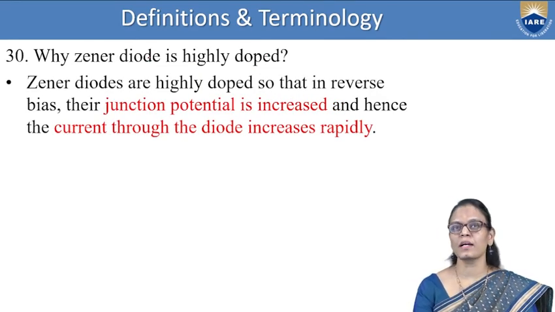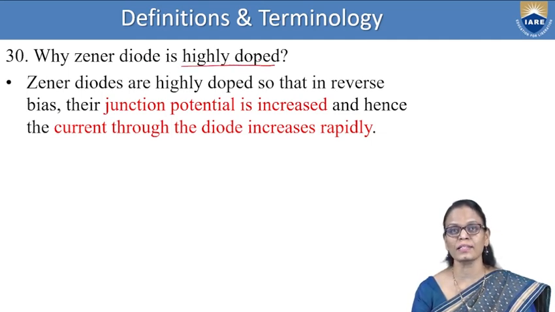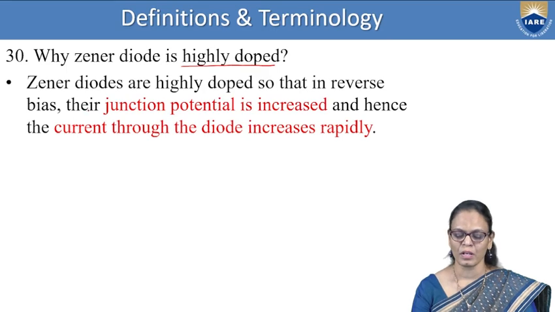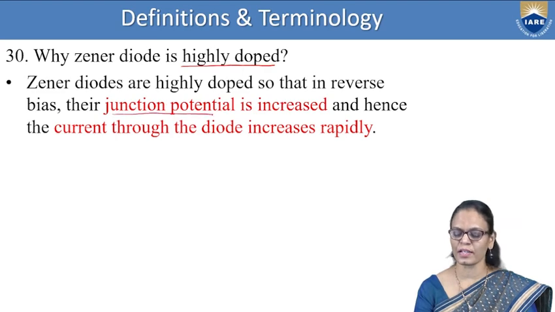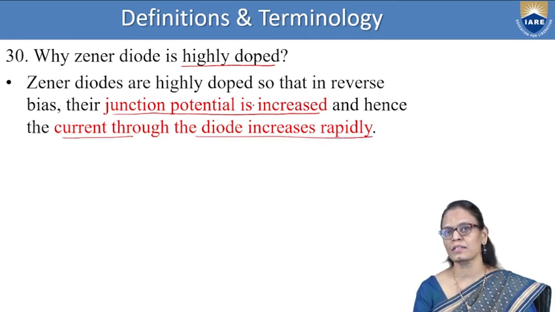Then, why is a Zener diode highly doped? They are highly doped so that in reverse bias, the junction potential is increased, and hence the current through the diode increases rapidly. As the potential increases, the current also increases.